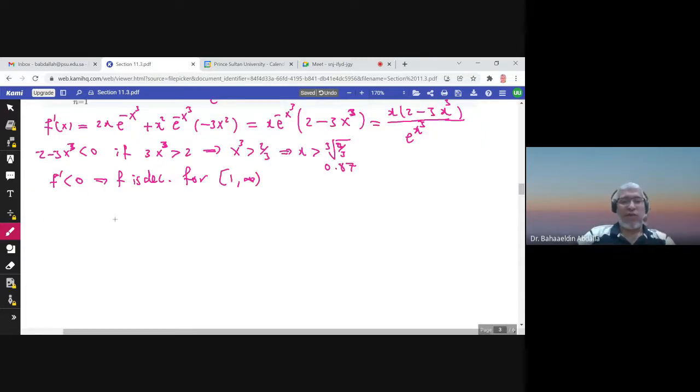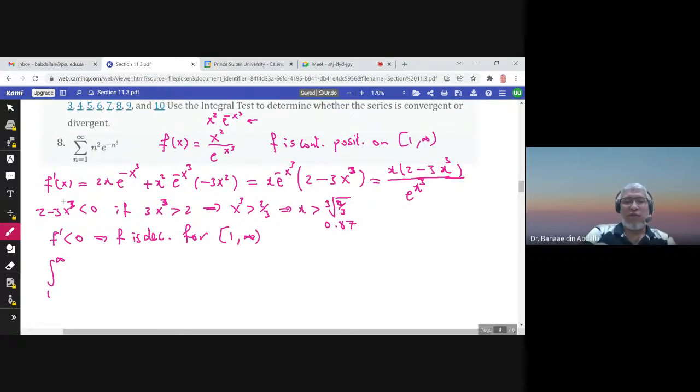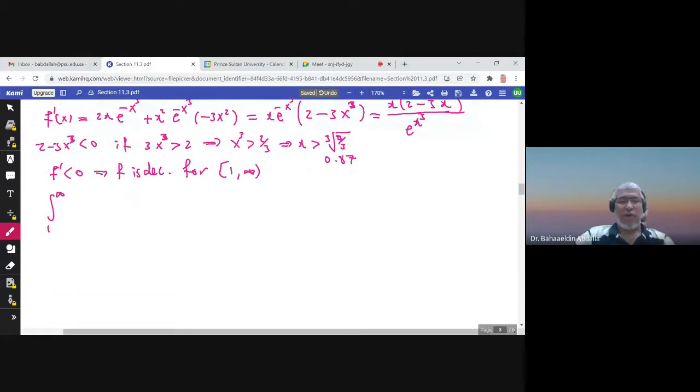So I can use the integral test and find the integral from 1 to infinity of the function x squared over e to the x cube dx. And this is, as usual, the limit of the integral from 1 to t, when t approaches infinity, of x squared e to the power negative x cube dx.